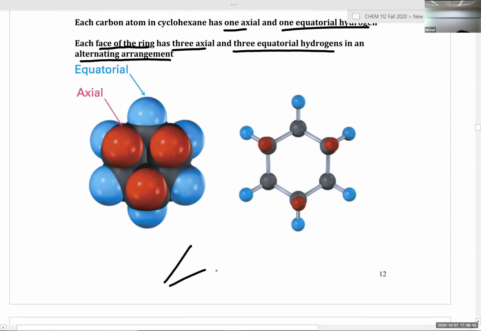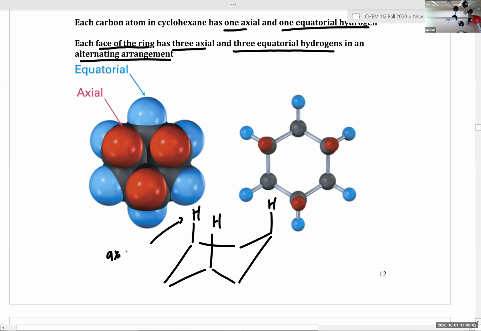So if we look at our structure from a top-down perspective, we see on the top face, we have 3 axial hydrogens pointing up. So I'll call these axial, quote unquote, up. Does everyone see how these 3 hydrogens are pointing towards you?